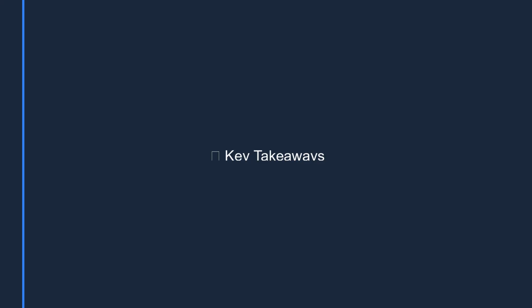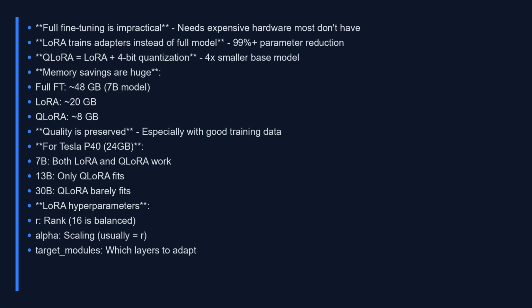Key takeaways. Here's what to carry forward from this lesson. Full fine-tuning is impractical for individuals. A 7B model alone needs 48 gigabytes of training memory and hardware most people can't access. LoRA solves this by training small adapter matrices instead of the full model, cutting trainable parameters by 99+% and training memory from 48 GB down to around 20 GB.